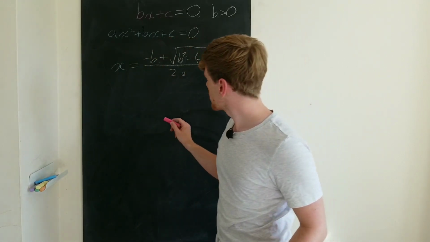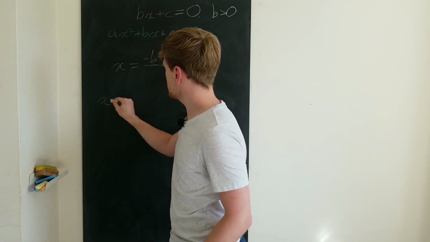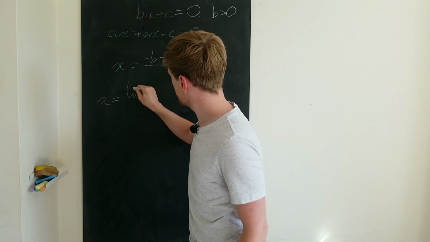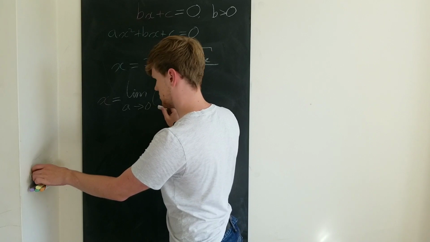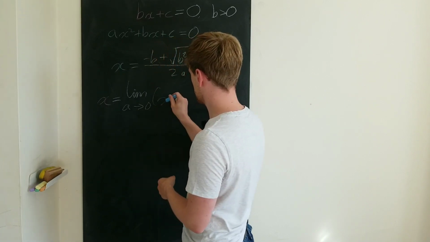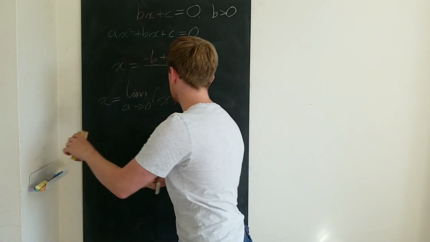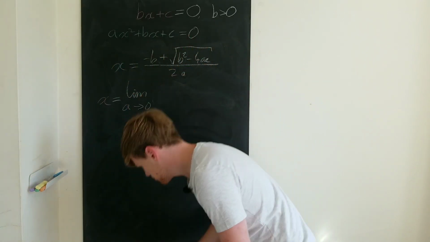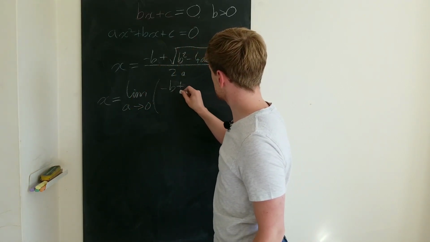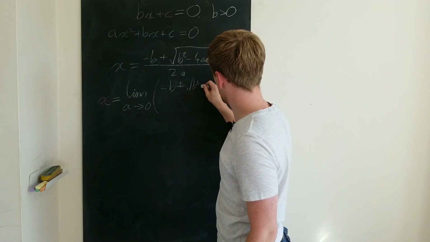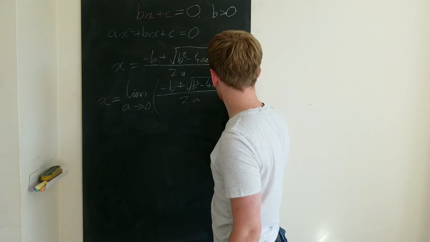The solution to the linear equation, red x, would be equal to the limit as a approaches 0 of blue x, and then if we just substitute in this quadratic formula, that gives us negative b plus the square root of b squared minus 4ac over 2a.